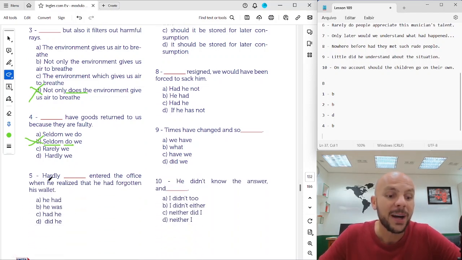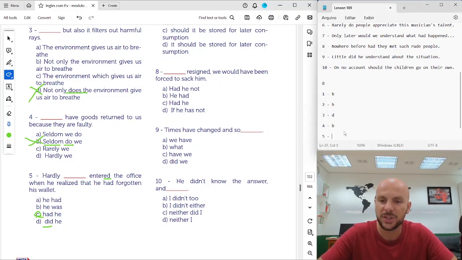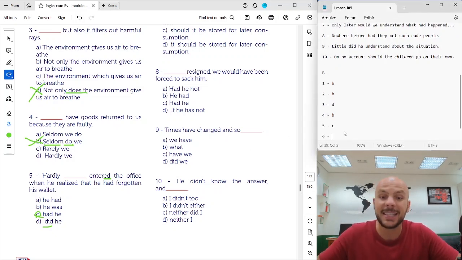5. Hardly he had, hardly he was, hardly had he, hardly did he. Let's see. Entered. Okay, so hardly had he. I cannot use did with ed. So hardly had he entered the office when he realized that he had forgotten his wallet. So 5 letter C. 6.